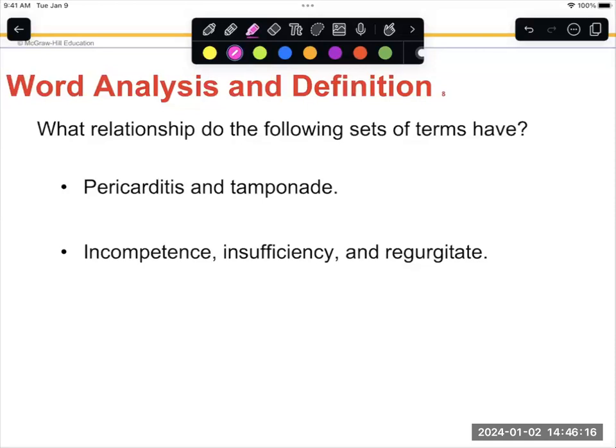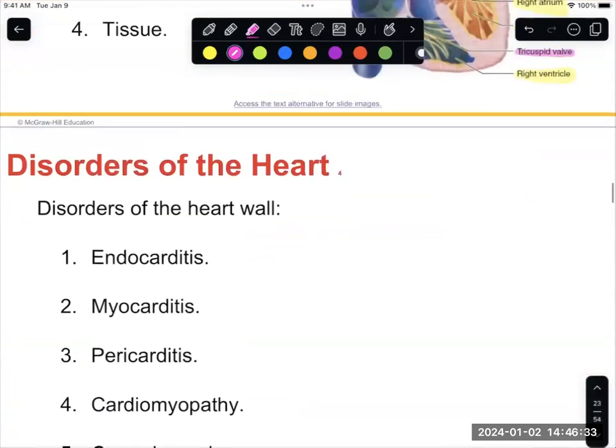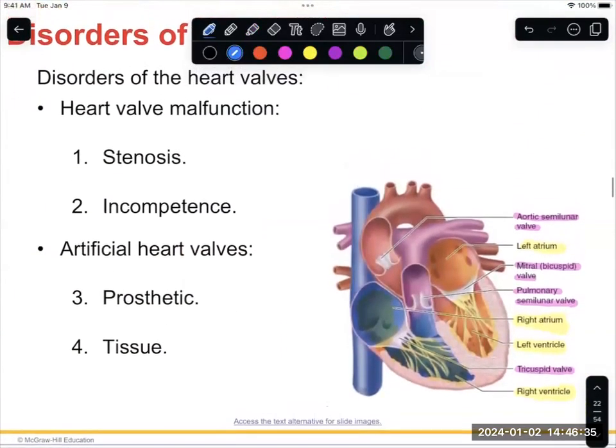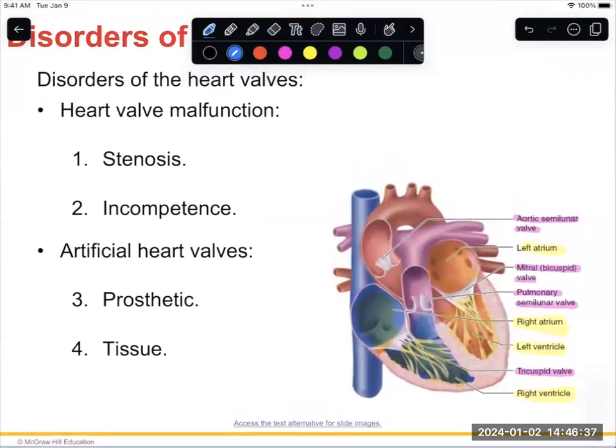Incompetence and insufficiency describe a valve that does not completely close. This allows blood to flow back, or regurgitate, into the heart chamber where it was coming from. So back to my heart: blood is going to come in here, go here, and go out.